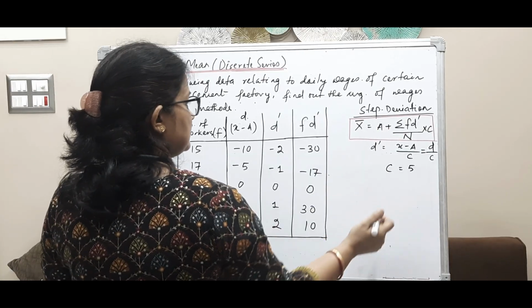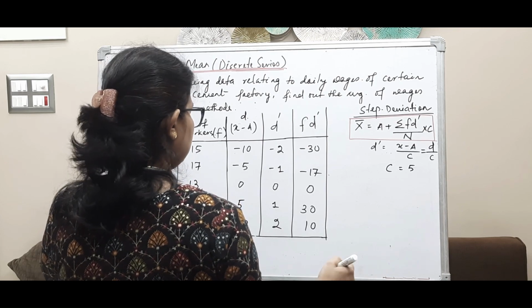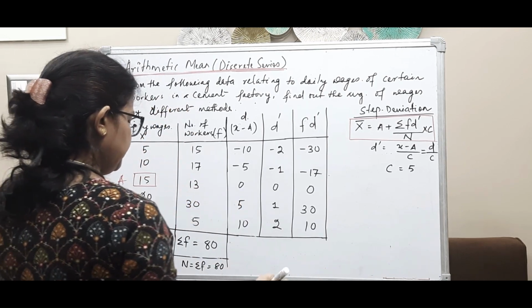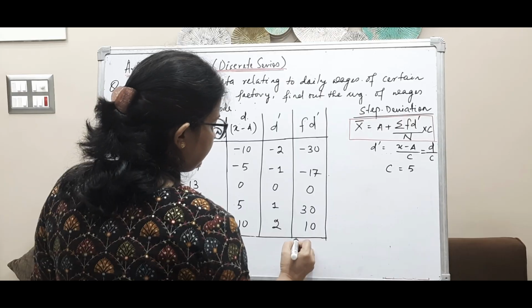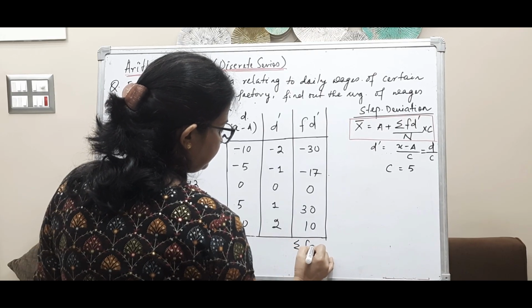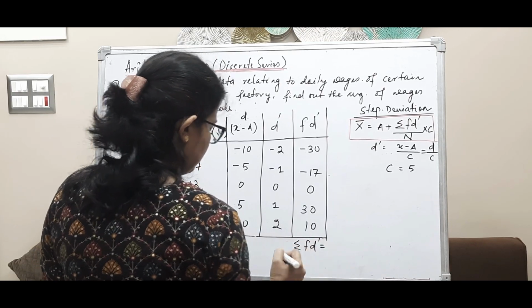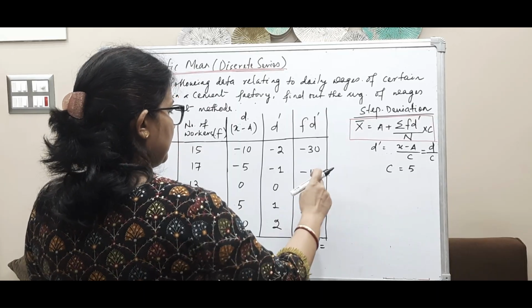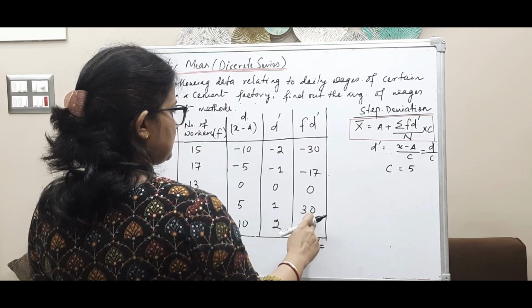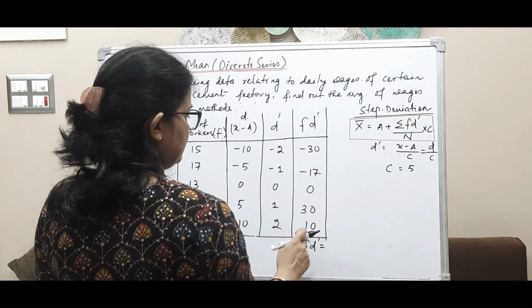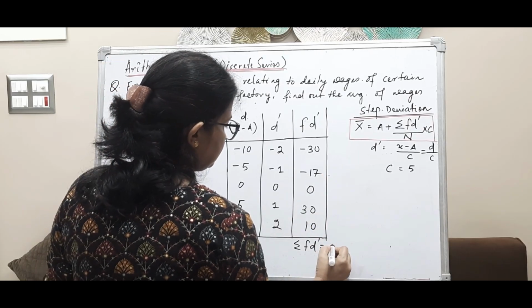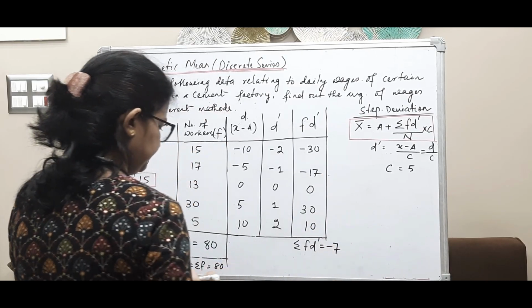So we need to find sigma of f d dash, which is equal to, 30 cancels with minus 30, then minus 17 plus 10 is minus 7.